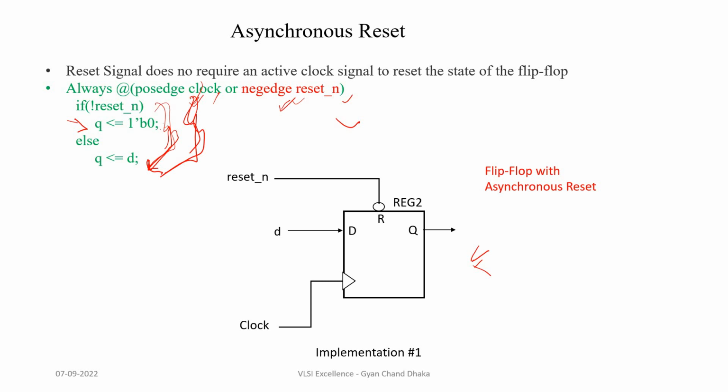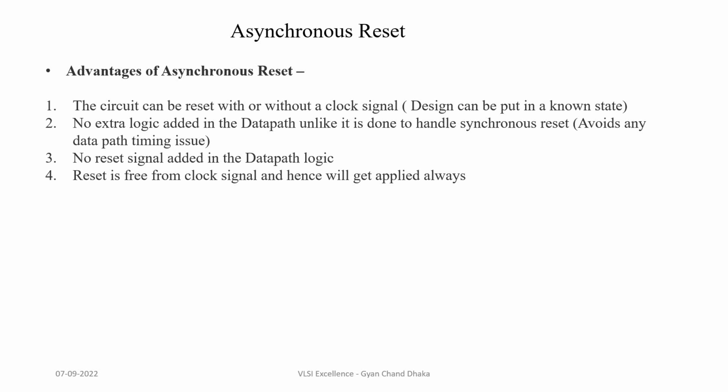Asynchronous reset flip-flops are available in mostly any standard cell library. So no extra logic is added in the data path, and it avoids any kind of data path timing issues. No reset signal is added in the data path logic, and reset is free from the clock signal, hence it will get applied always, unlike synchronous reset which will get applied only on the positive edge of the clock.